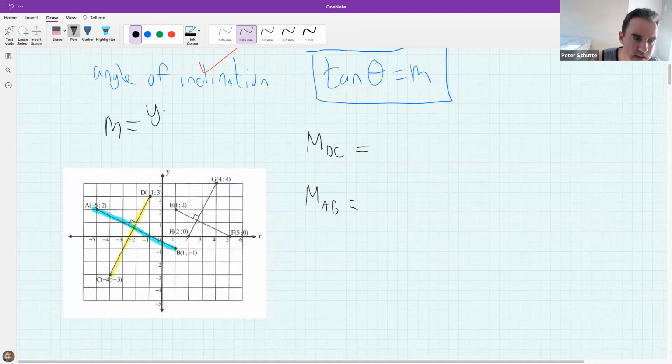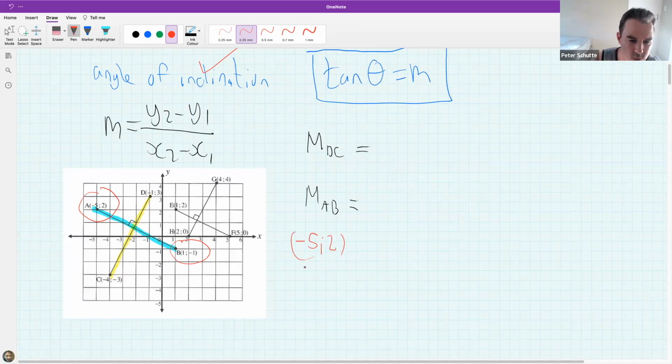The gradient formula that we discussed was this formula where, for example, the point A is that point and the point B is that point. So we have to use those 2 points in our calculation, like -5, 2, and the point 1, -1. Find me the gradient of those 2 lines. Go ahead. See what you get and see if you notice anything about them.